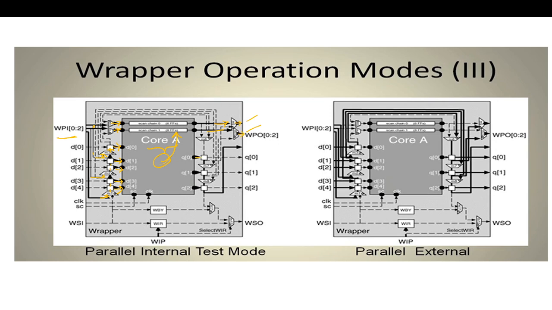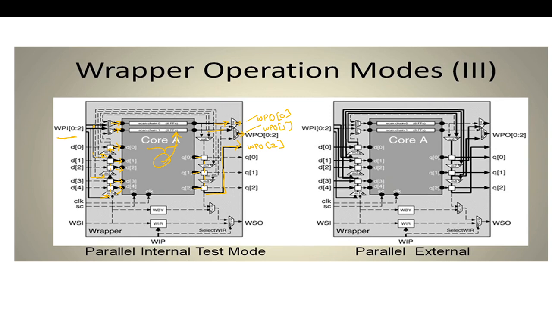Again, this Q can be shifted out through the scan and to the third WP output. So first scan chain output was captured at WP0 say, and this one's at WP1. Say this is at WP2. So this is the internal test mode for parallel.